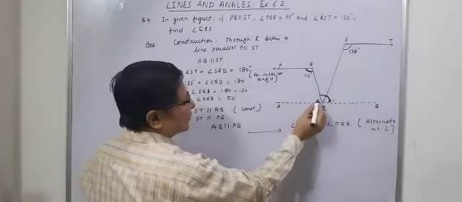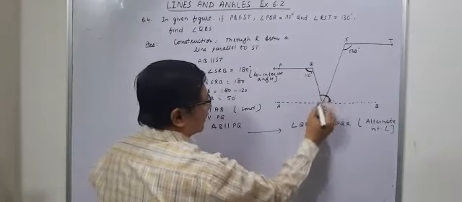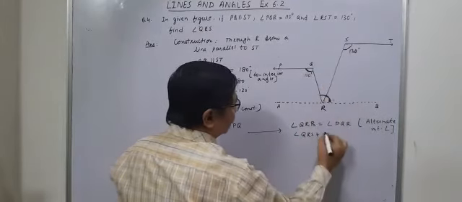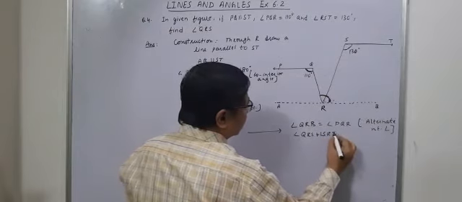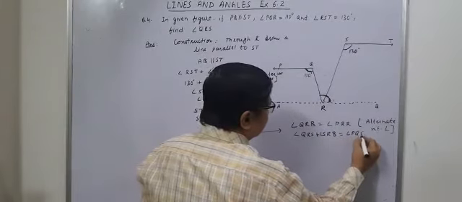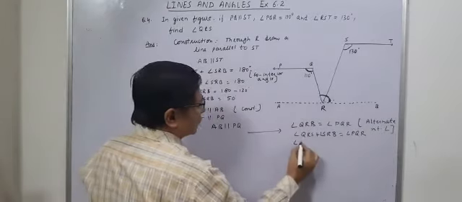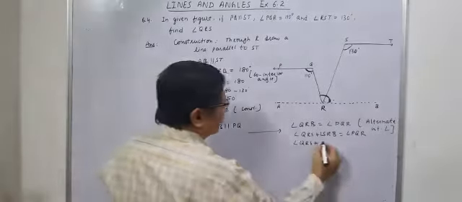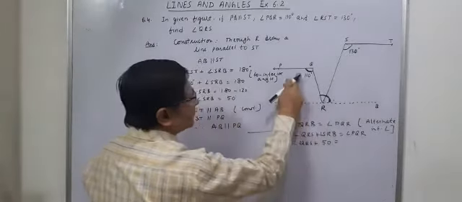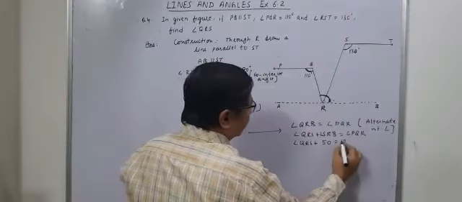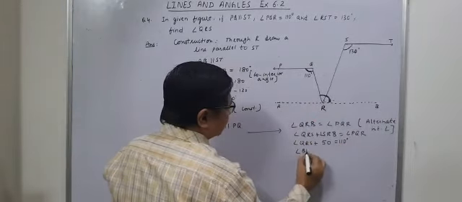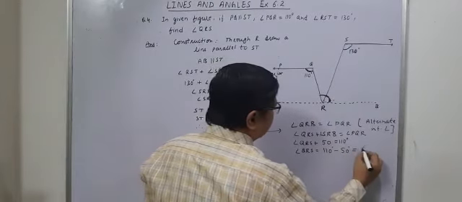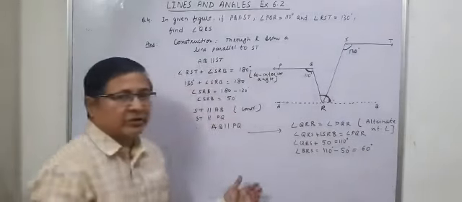Now QRB is made up of two angles, QRS plus angle SRB. Angle QRB is equal to PQR. Now let us put the values. QRS we don't know, plus SRB, which I have calculated as 50, and angle PQR is given in the question as 110. So QRS will be equal to 110 degrees minus 50 degrees, and that is equal to 60 degrees. So we have got all the three angles.